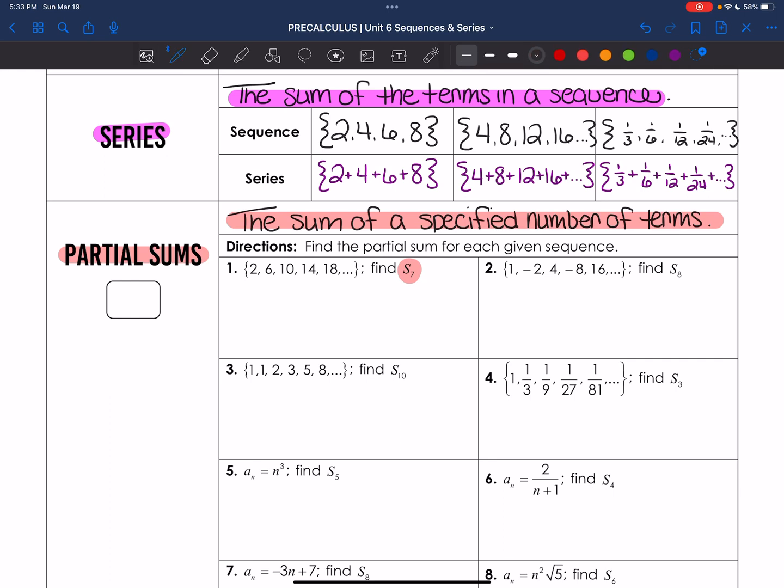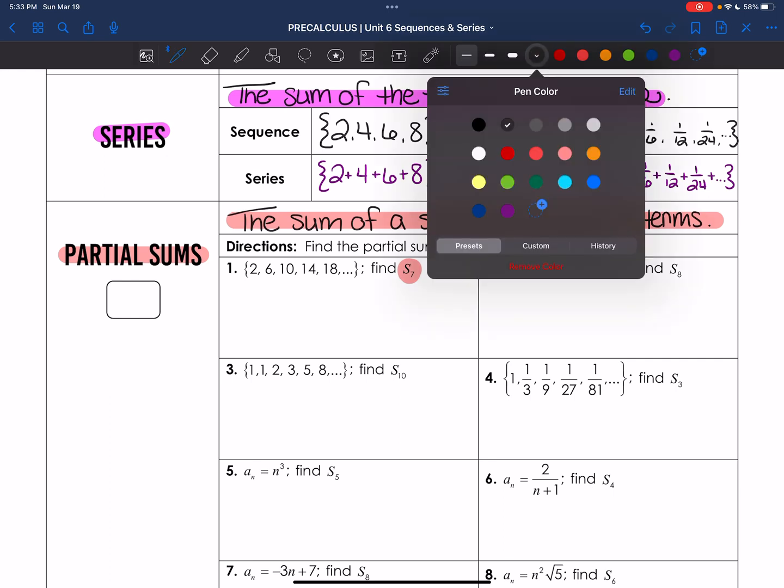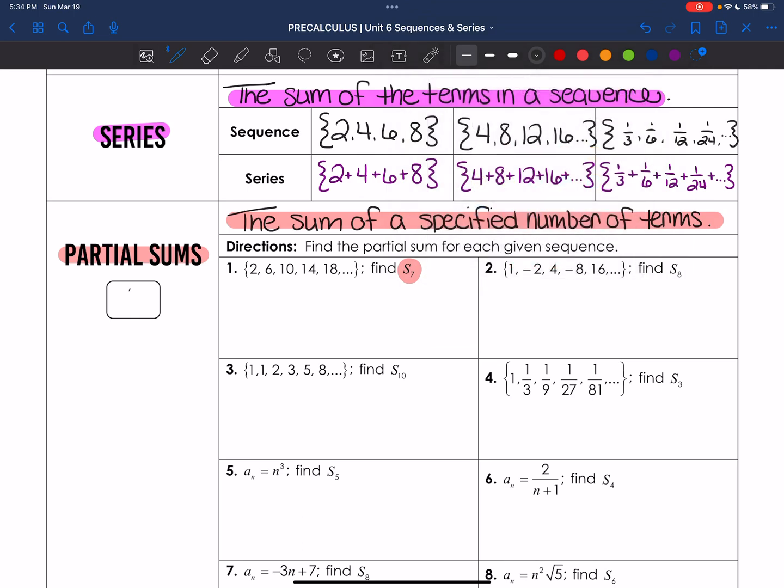Now, what exactly does that mean? We'll take a look in the margin here with me. The S is the way that we will represent the series, and then this little n is going to tell us how many terms we're going to be adding.